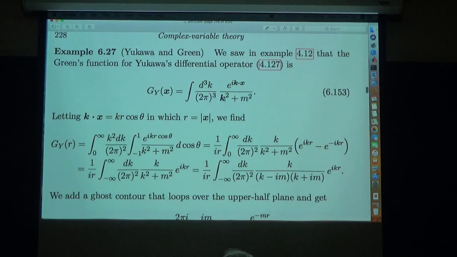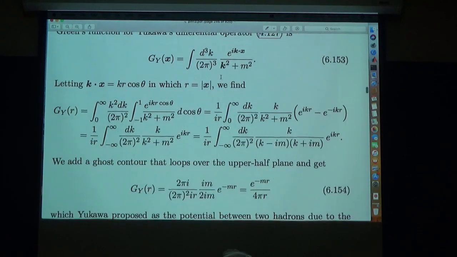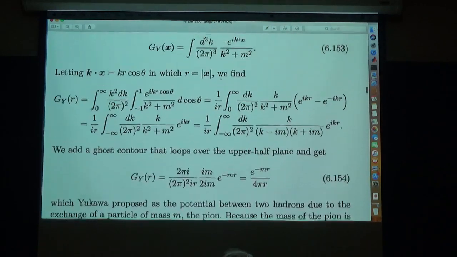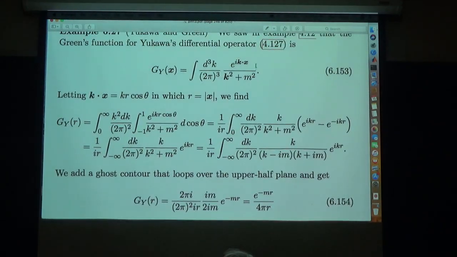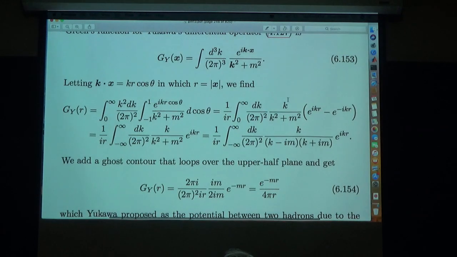Okay, so here's another example of a ghost contour. This is more complicated, but maybe it's worth doing. What you do here is you let k dot x equal kr cosine theta, where r is the absolute value of x. And you do the usual manipulation to get to here.